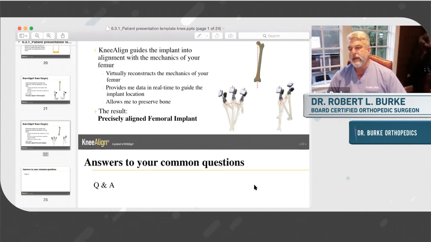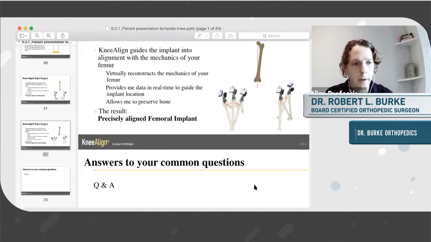So those are the things that would need to be looked for to determine whether or not he would be a good candidate for partial knee replacement: the location of the arthritis, the degree of deformity, how much his knee is bowed, and also whether or not he has a stable knee from a ligamentous standpoint.